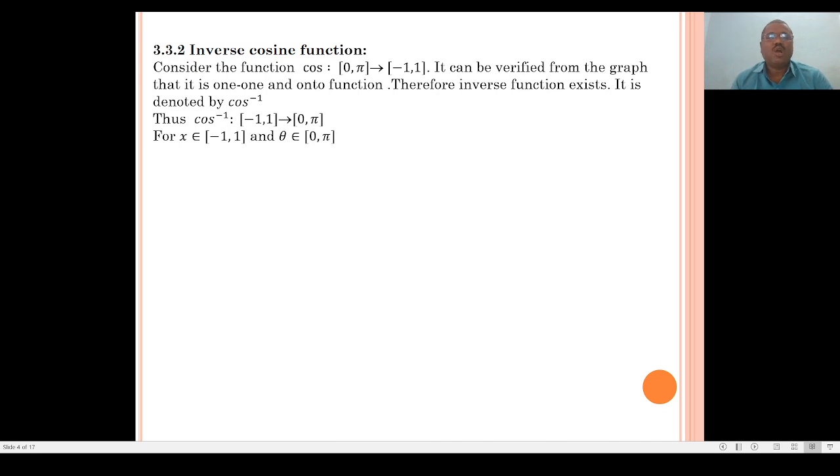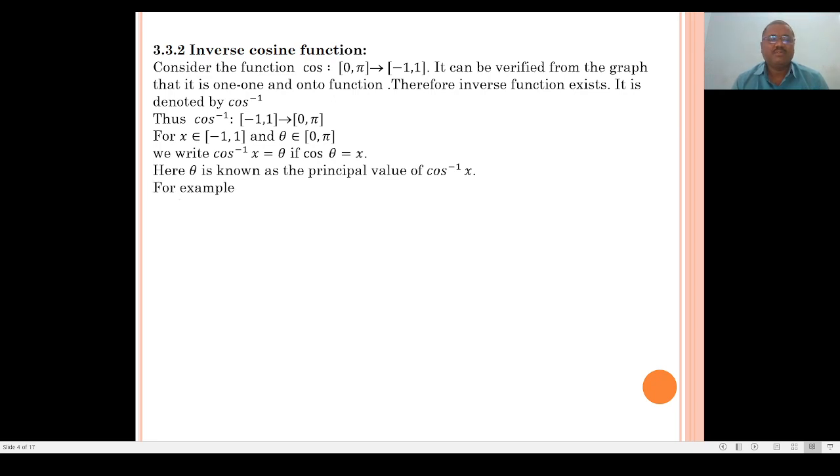For x belongs to minus 1 to 1 and theta belongs to 0 to pi, we write cos inverse x equals theta if cos theta equals x. Here theta is known as the principal value of cos inverse x.